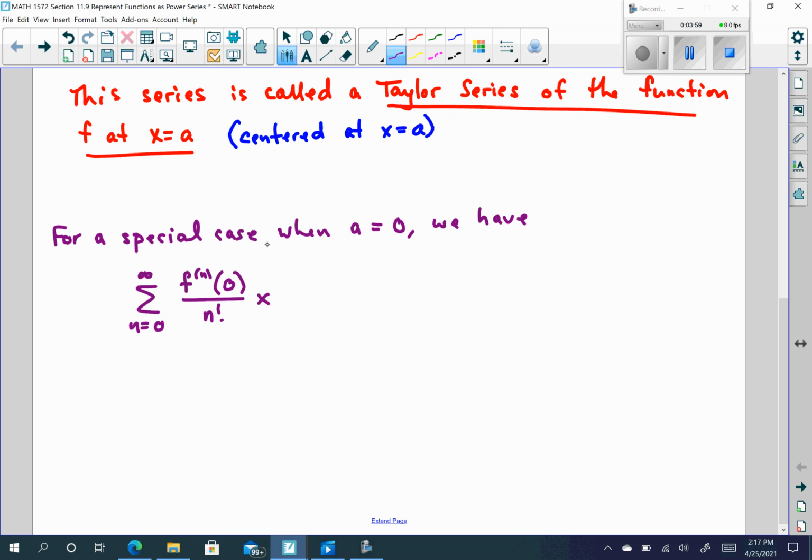And so if it's x minus a and a is 0, we just get x to the nth power, which is equal to our function f of 0, just no derivative, plus our first derivative of f of 0 over 1 factorial times x, plus our second derivative of f of 0 over 2 factorial times x squared, and so on.